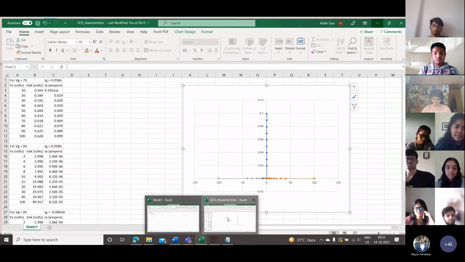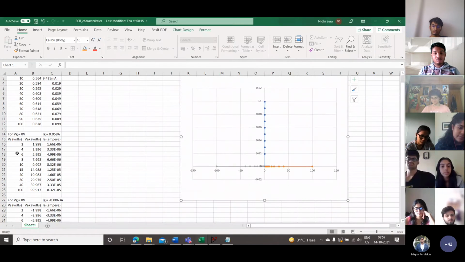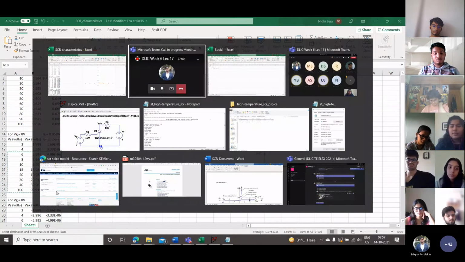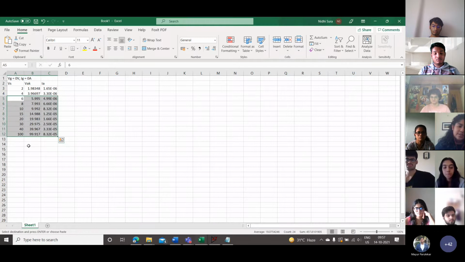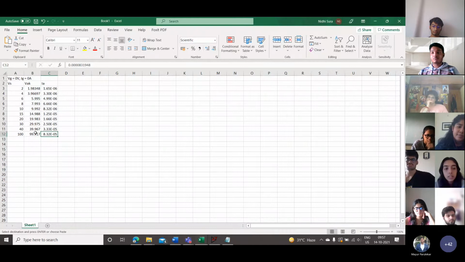So I'm going to open my Excel doc and take down these values that I've noted till 100 volts. And as you can see in all of these, there is a very slight increase in current, and the voltage drop also remains approximately the same as the source voltage throughout.